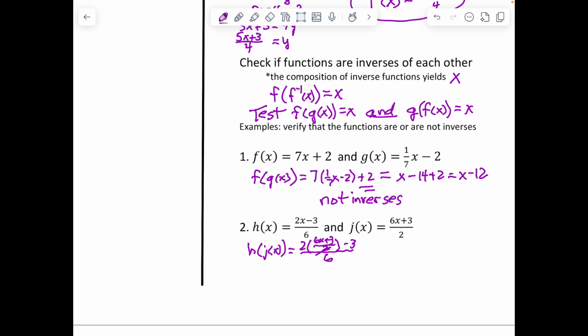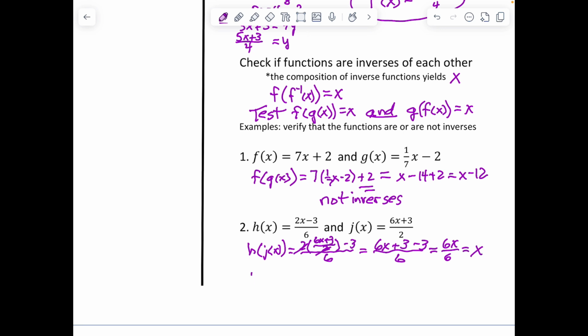Notice that the 2's cancel, so what I end up with is 6x plus 3 minus 3 over 6. 6x plus 3 minus 3 is just 6x over 6 is just equal to x. So we had success with h of j of x.